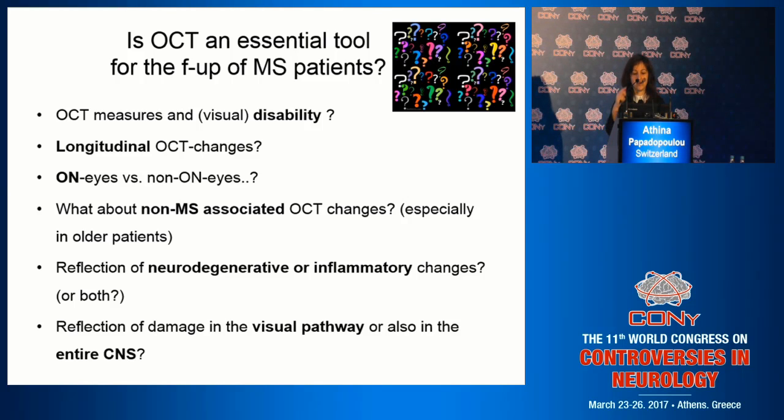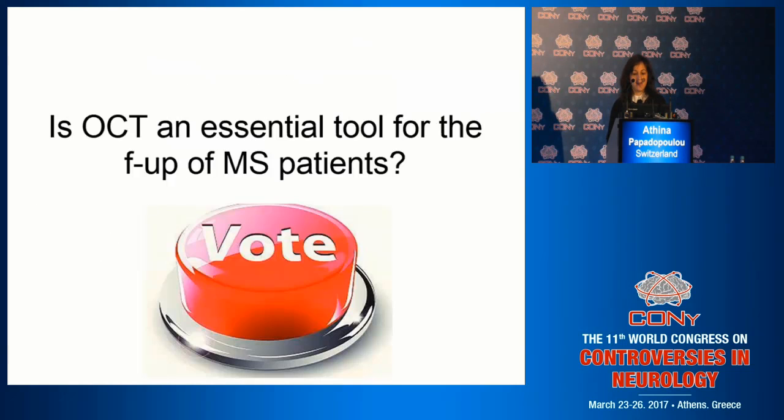I think these are some really interesting questions, and I'm sure we're going to hear a lot about them, but I will stop now and ask you again: what do you think, from your experience in your daily routine, from what you have heard about the method, just before listening to our speakers? Do you think that OCT could indeed be a tool that can now be used to follow up our MS patients? Let's vote.